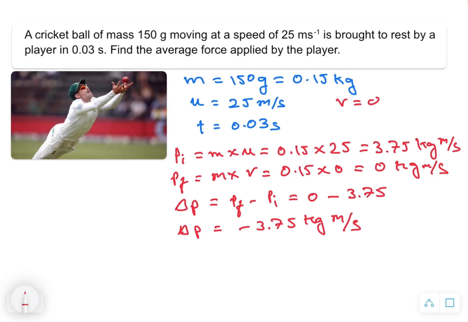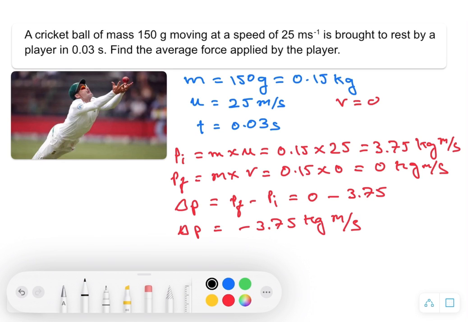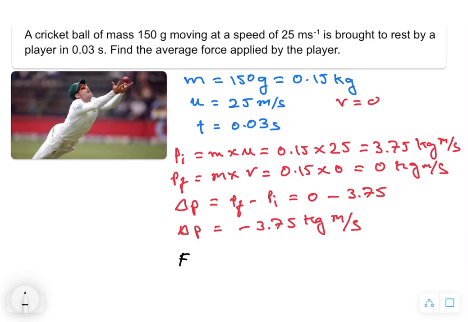So let us find the force now. Force will be equal to delta P by time. So what is the momentum here? Minus 3.75 divided by the time. So the player stops the ball in 0.03 seconds.